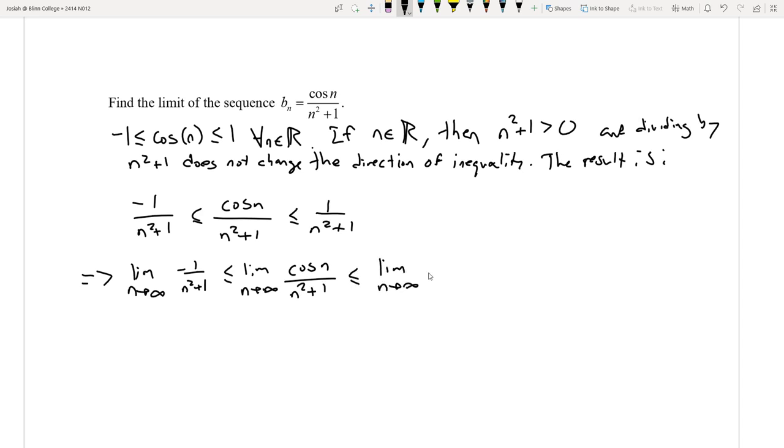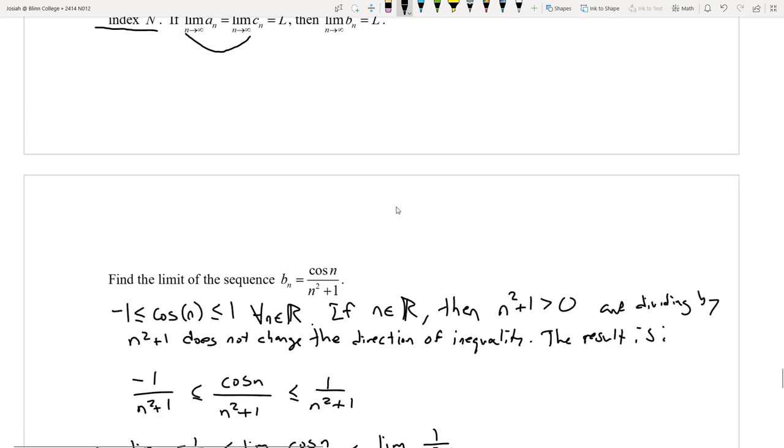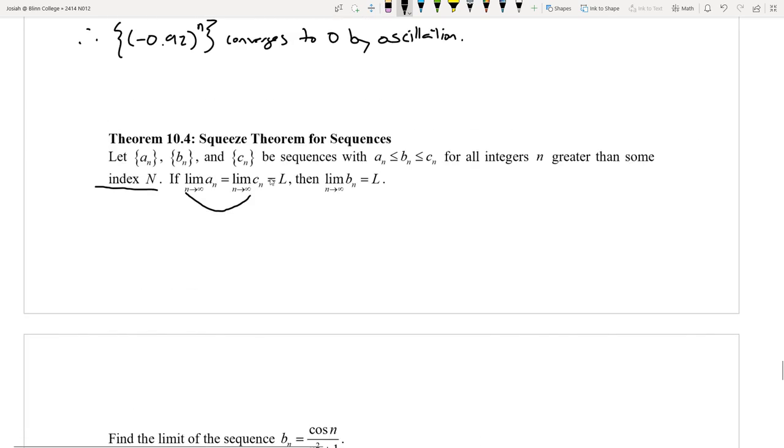So we wrap up our limit here, and we get that the first limit, this guy, goes to 0. And when we look at the last one here, this guy also goes to 0. So looking at our squeeze theorem, we've gotten this, so that means we must have this.